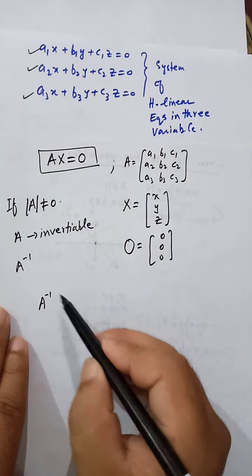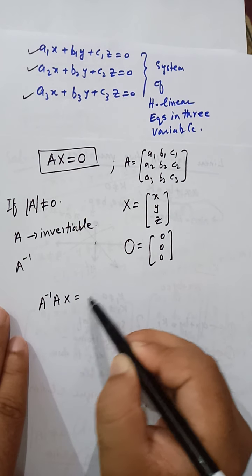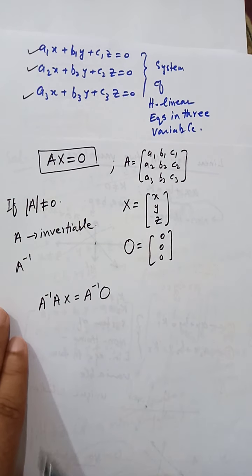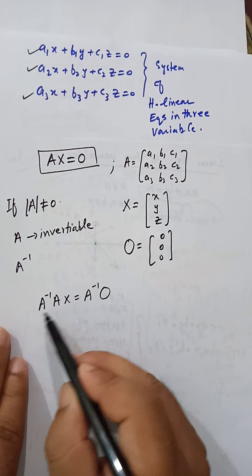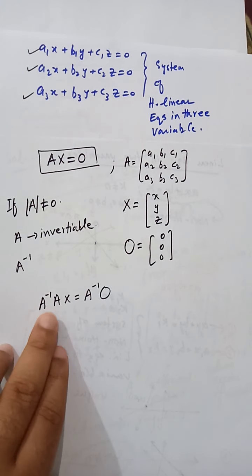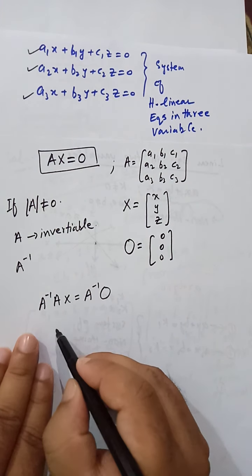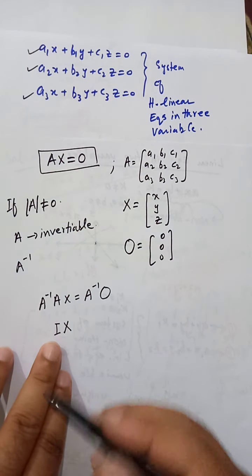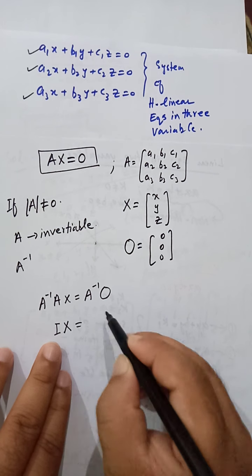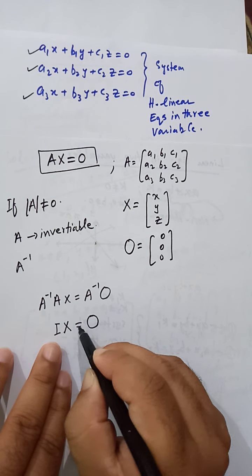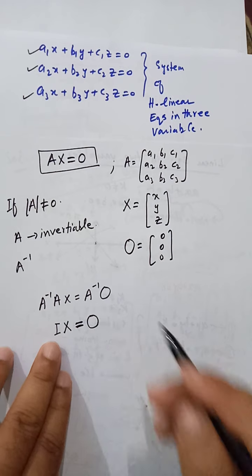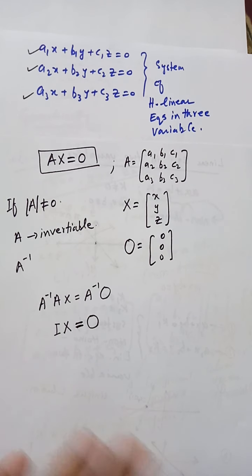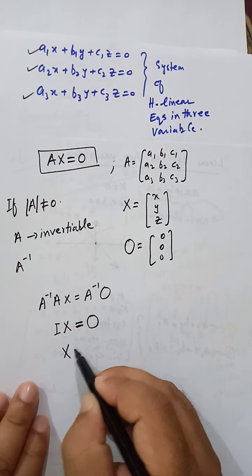When a matrix and its inverse are multiplied, you get the identity matrix of the same order. On the right side, a matrix multiplied by a null matrix always gives a null matrix. So you see that X equal to 0.